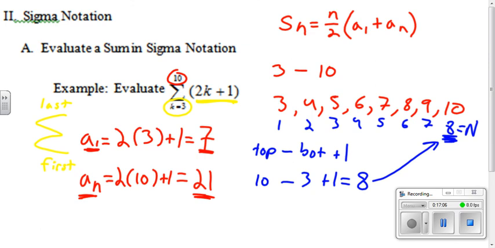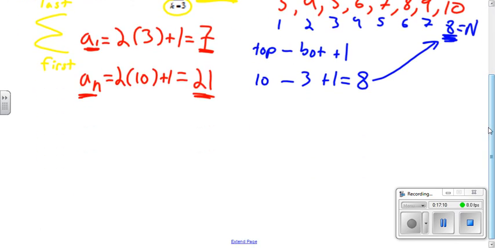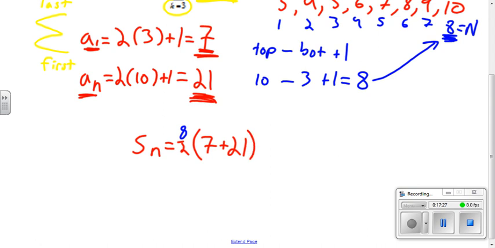So we can plug everything into this formula. Give us a little more room down here to do so. S sub n equals 8 over 2 times our a sub 1 was 7, that was from up here, plus 21 was our a sub n.